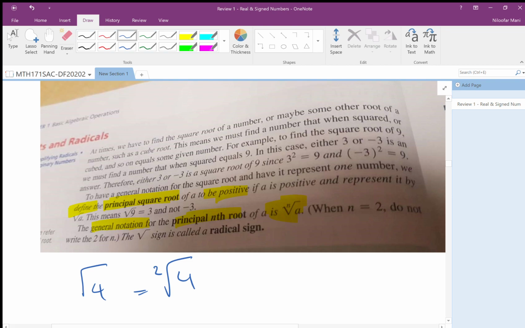I don't show the 2. If I just show radical 4, it means the square root, but I don't show it. I define this symbol to be positive, so that's why I say just 2, and that's why I say this is wrong.